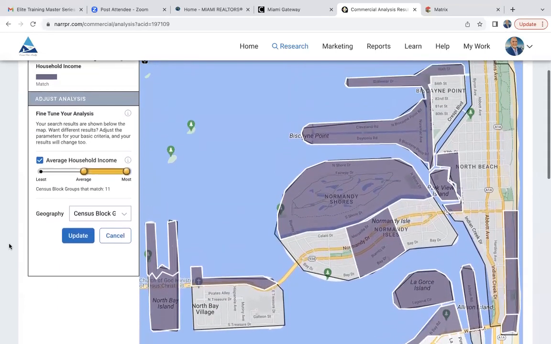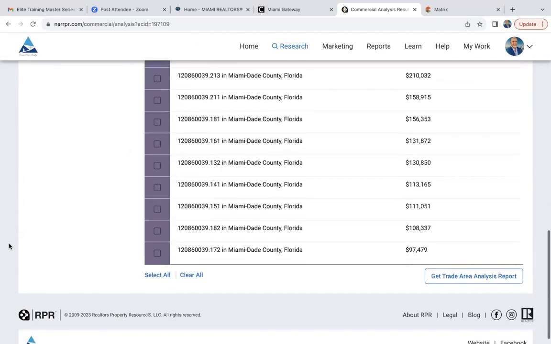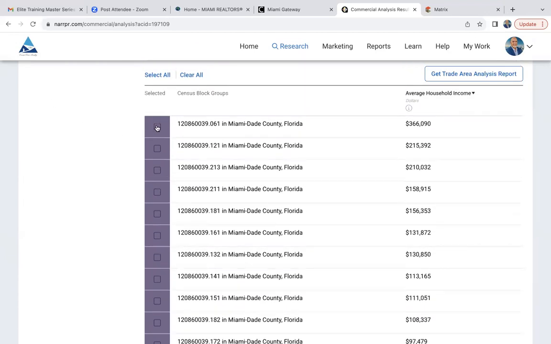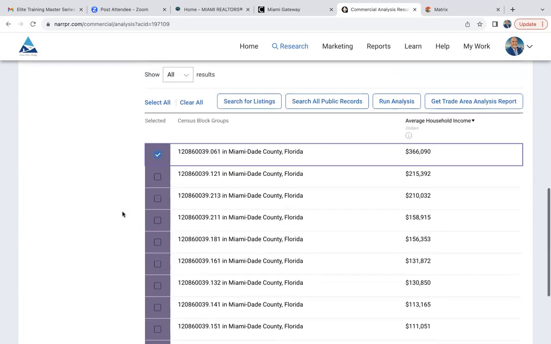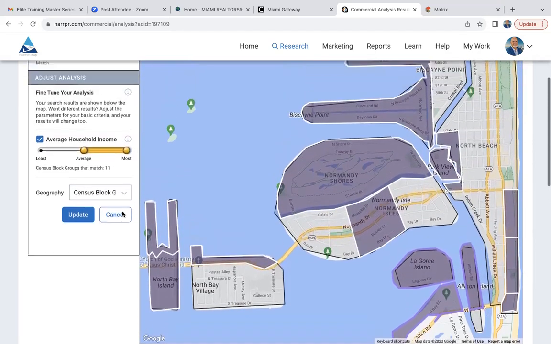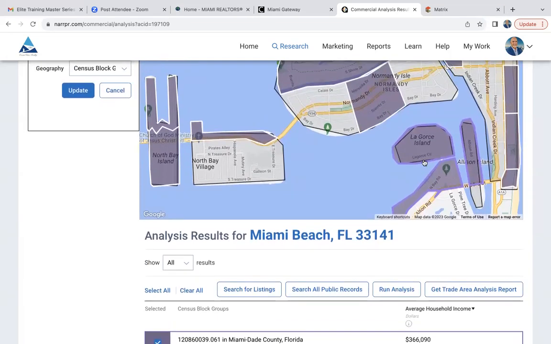All right, so this is 33141, and the highest average household income in zip code 33141 happens to be this area right here, coming in at $366,090. All right. And that would be this area right here. Lagos Island. All right.